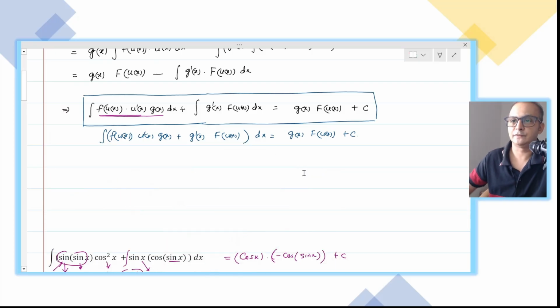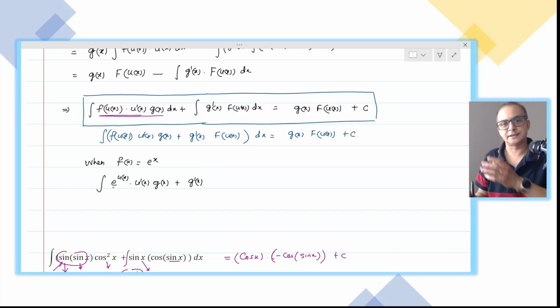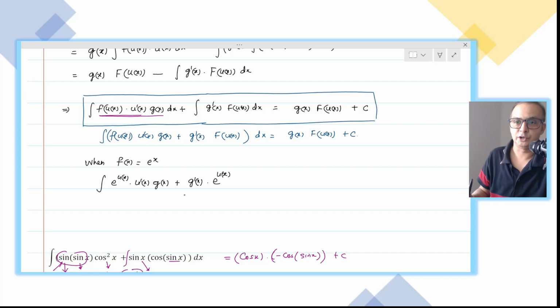If small f becomes, when I am saying f(x) is e to the power x, it means in this whole structure you can write it as e to the power u(x) and then u'(x) into g(x) plus g'(x), and notice the integral of e to the power x is e to the power x only, so this will give you again e to the power u(x) only, and this will lead us to write g(x) into e to the power u(x).